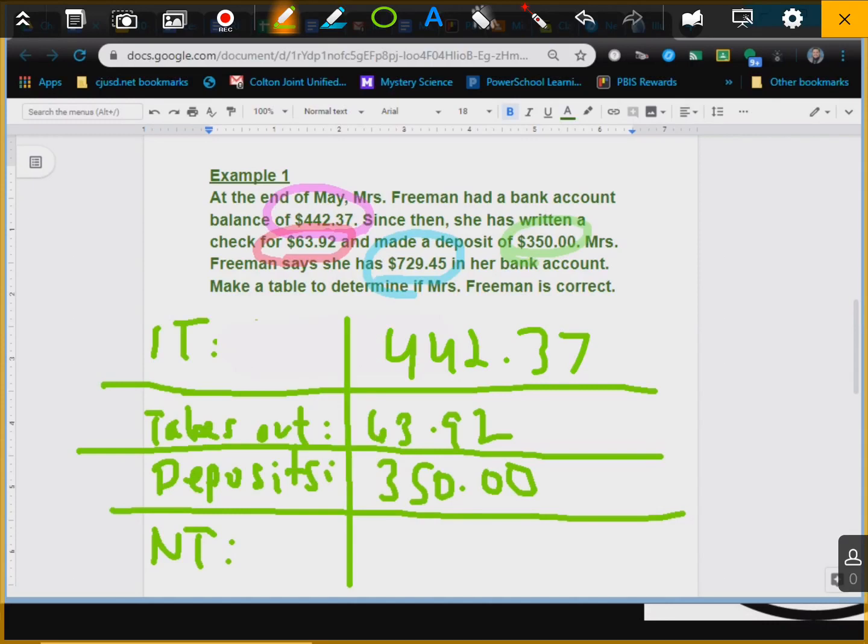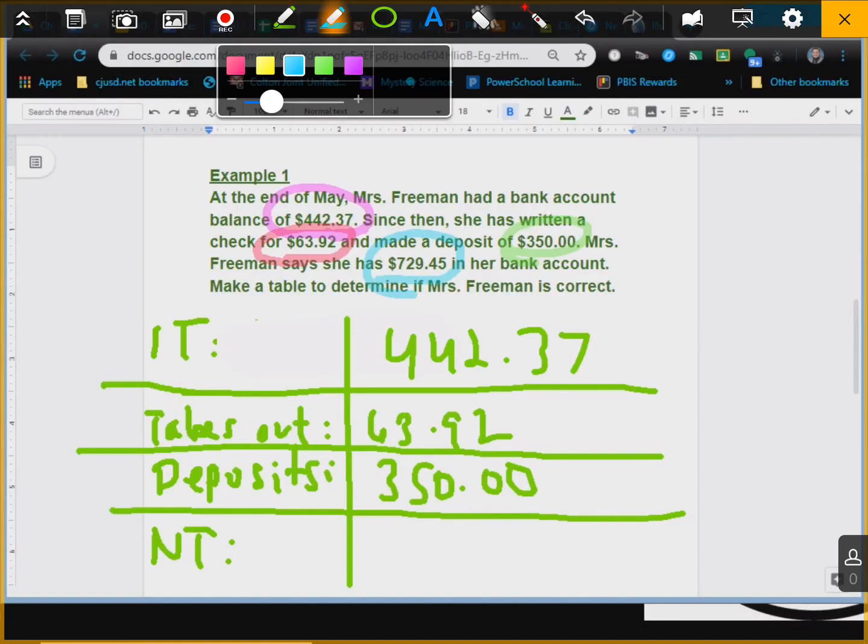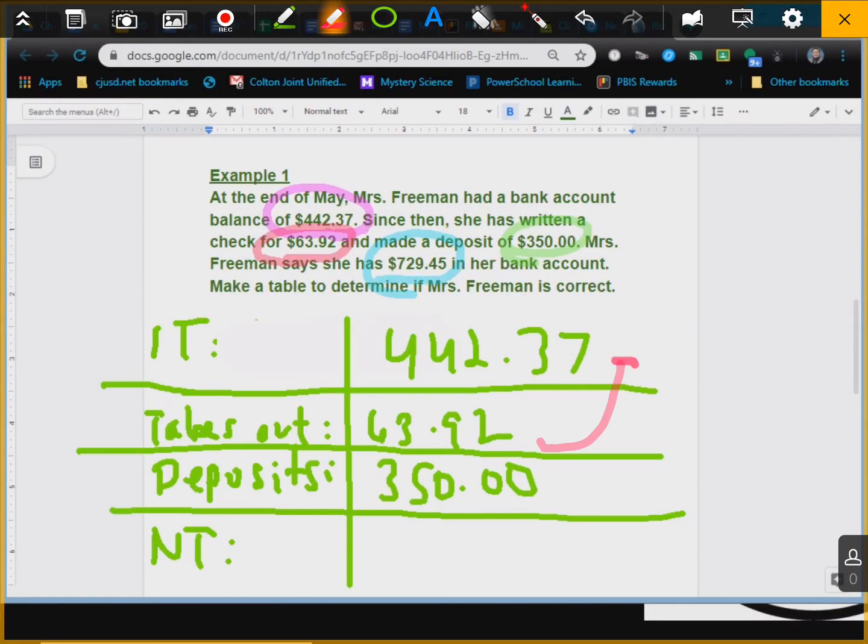Okay, so what we have to do is take away from this total the check, okay? Take that away right here. And then with that, we need to add, okay? So after we find the difference, we need to add the deposit, all right? And then we're going to get the new total.